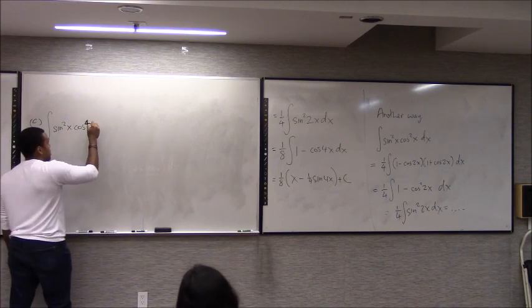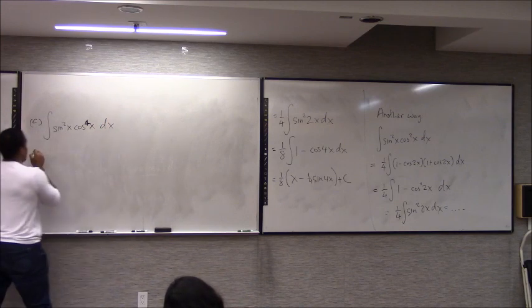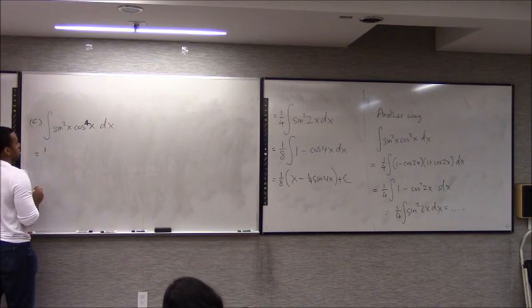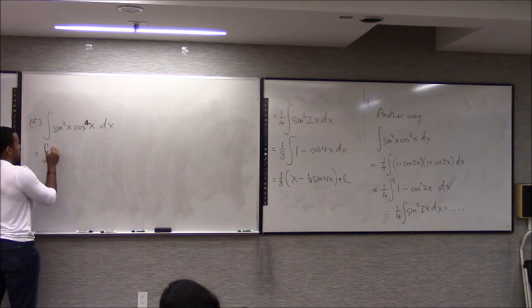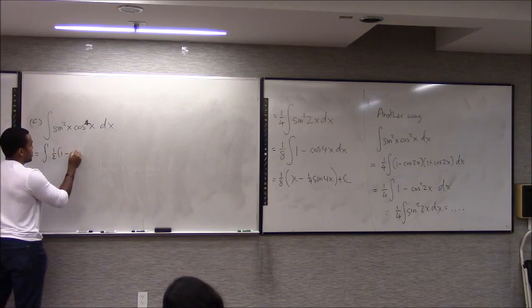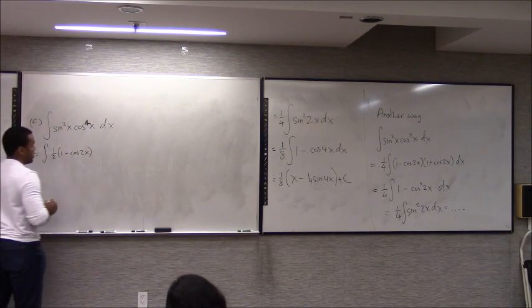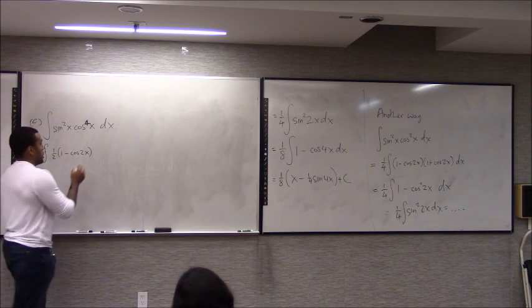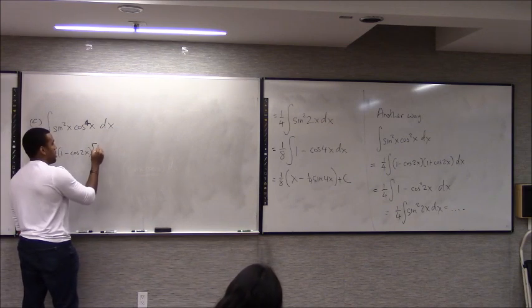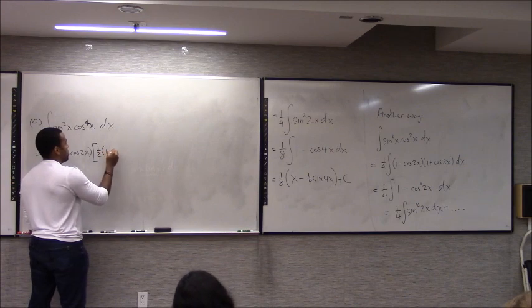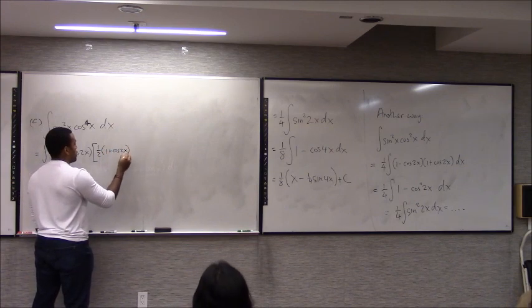Let's look at that one. So here I would have 1/2, 1 minus cosine 2x. Over here I would have 1/2, 1 plus cosine 2x, right?